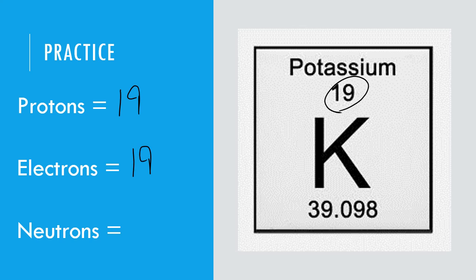So we have an atomic mass of 39.098. We're going to round that to the nearest whole number of 39. And so we're going to do the math really quick. And what we're going to see is we have 39 minus 19, and that's going to give us 20.